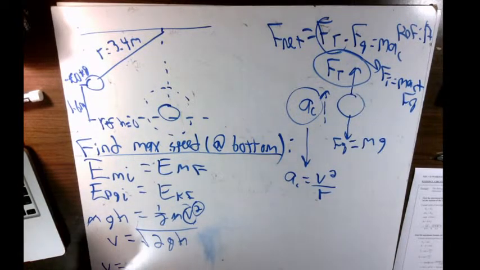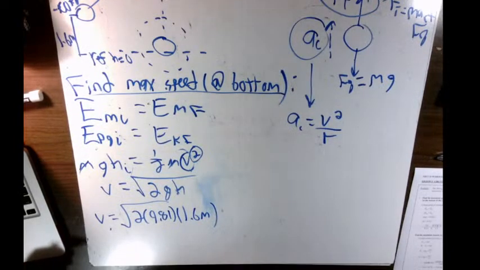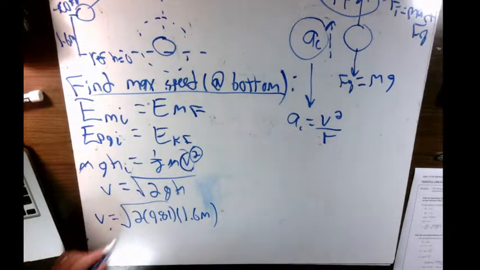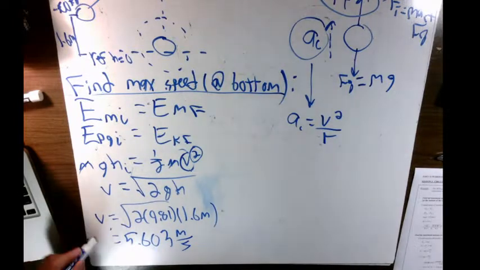Speed is equal to the square root of 2 times 9.81 times a height of 1.6 meters at the start. That's our initial height, 1.6 meters. And that gives us 5.603 meters per second. That's our max speed, v max, and that's happening at the bottom.